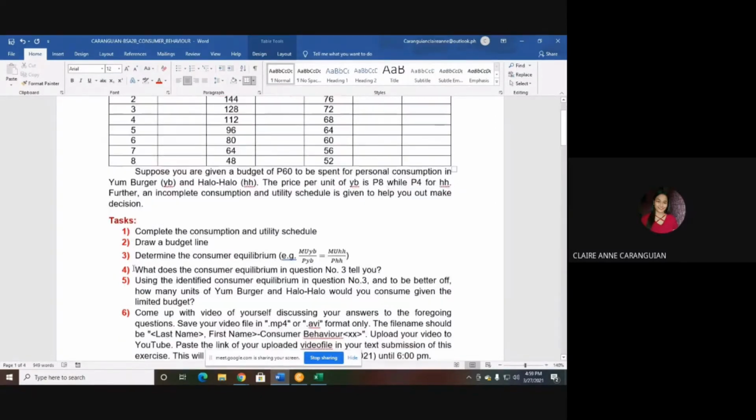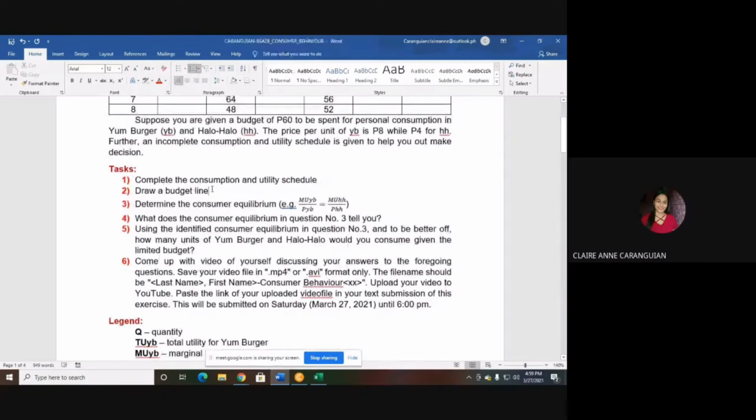Number 2, draw a budget line. Number 3, determine the consumer equilibrium. For example, MUYB over PYB is equal to MUHH over PHH. Number 4, what does the consumer equilibrium in question number 3 tell you?